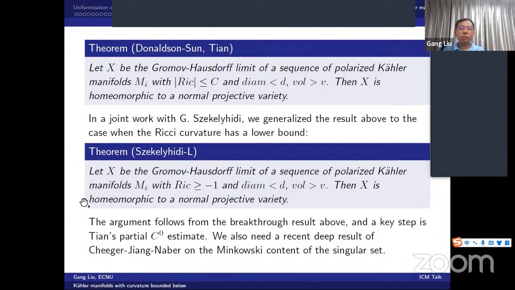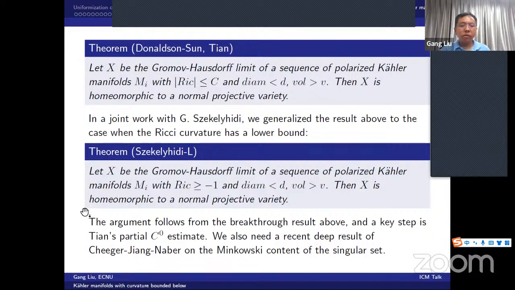So in joint work with Takehide, we generalize the result to the case when the Ricci curvature has a lower bound. The argument follows from the breakthrough result, and the key step is Tian's partial C0 estimate.